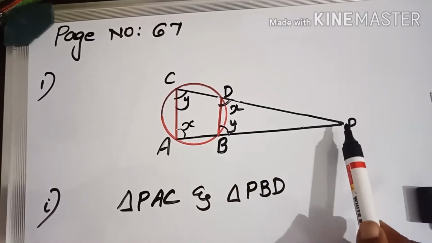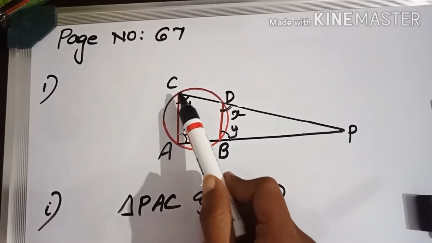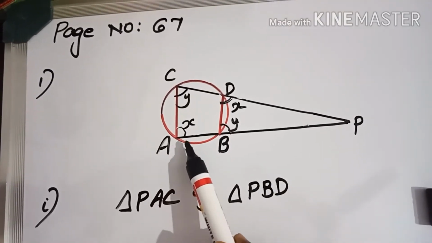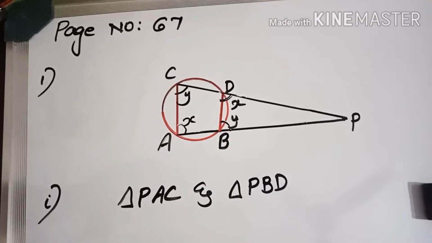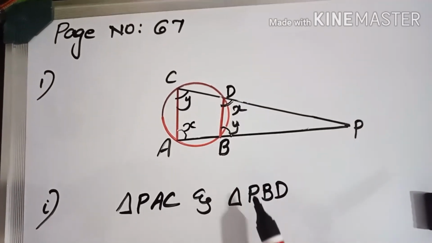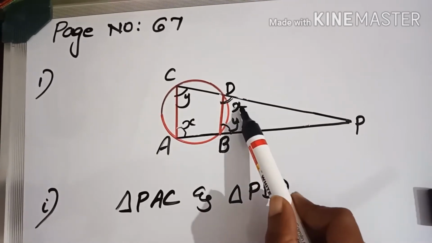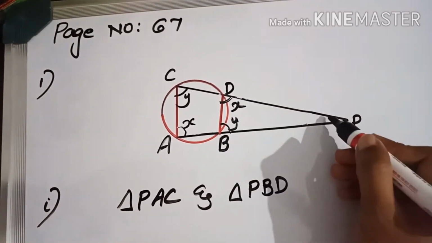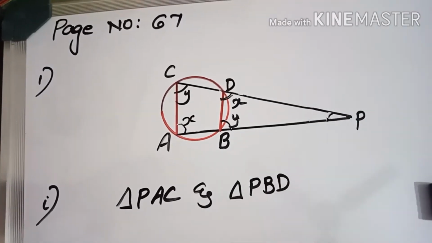Now consider the triangle PAC. Triangle PAC has one angle x degree, next angle y degree. Now for the triangle PBD, for the second triangle also you can see one angle x degree, next angle y degree, and this angle is what? Common angle.